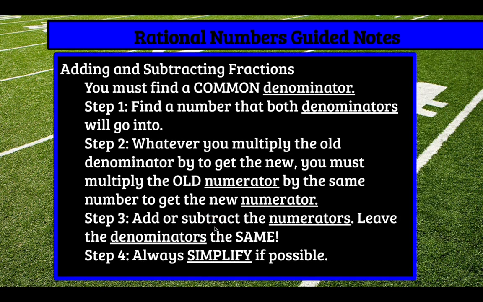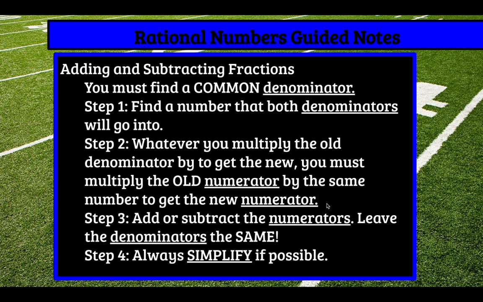Go ahead and go to the next part where we're adding and subtracting fractions. When you're adding and subtracting fractions, you must find a common denominator. You've done this back in elementary school, but again, we're going to be using negative numbers this year. Find a number that both denominators will go into. Whatever you multiply the old denominator by to get the new, you must multiply the old numerator by the same number to get the new numerator.